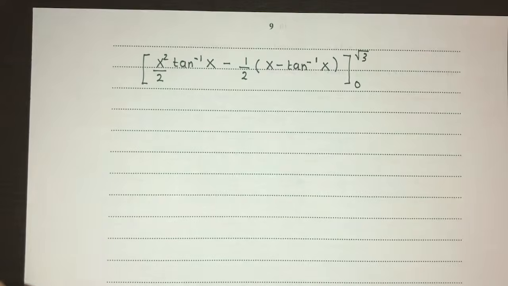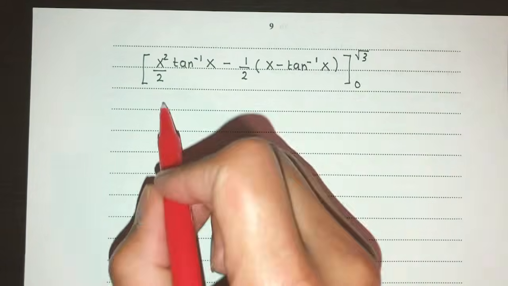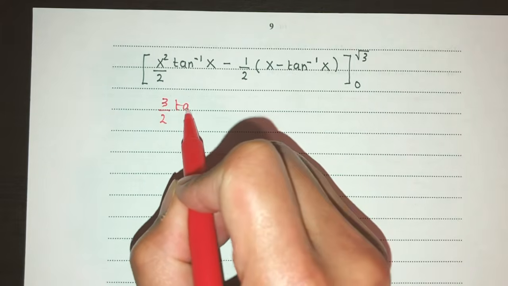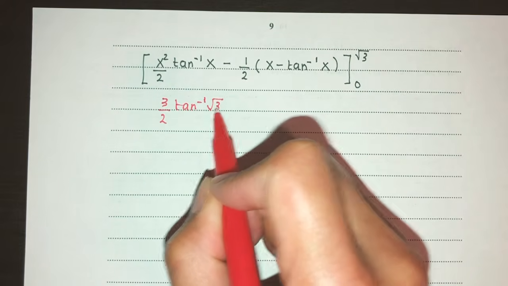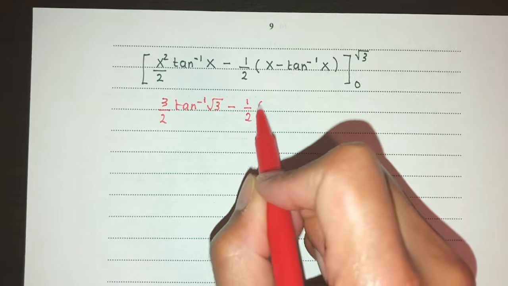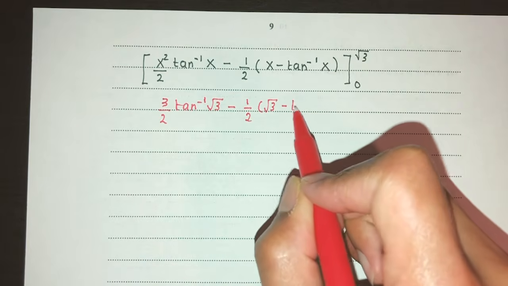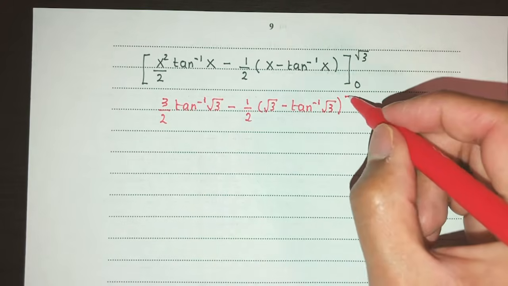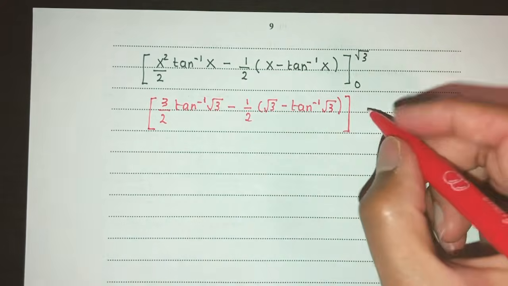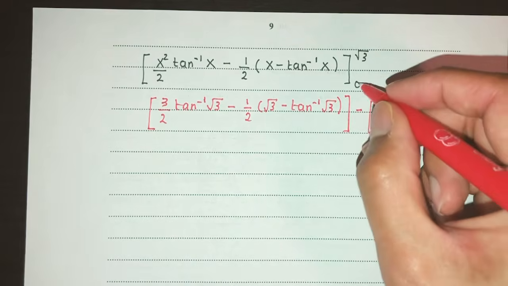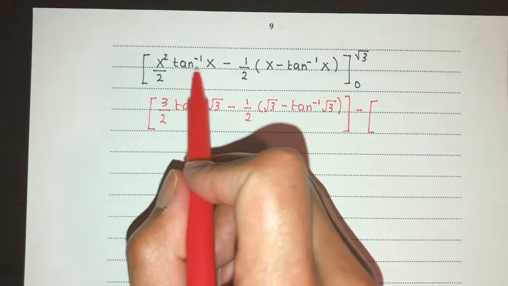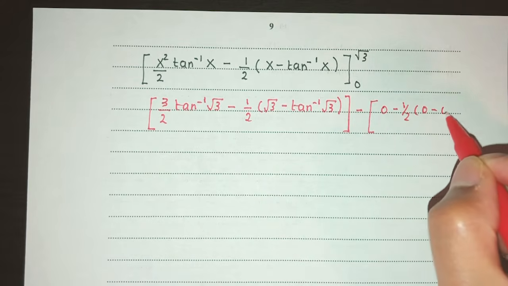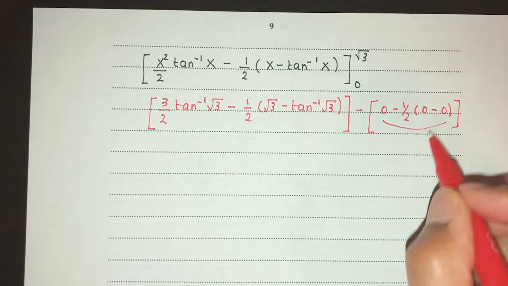You will have, what is root 3 squared? It is 3 over 2 tan inverse of root 3 minus half of root 3 minus tan inverse of root 3. Okay, that is the first part. Now we have to minus the 0 one. You have 0 times something will be 0, minus half 0 minus 0. So this whole thing will be 0.